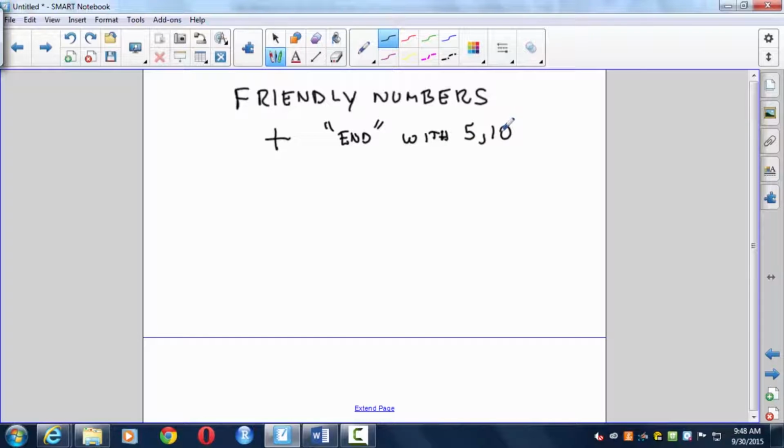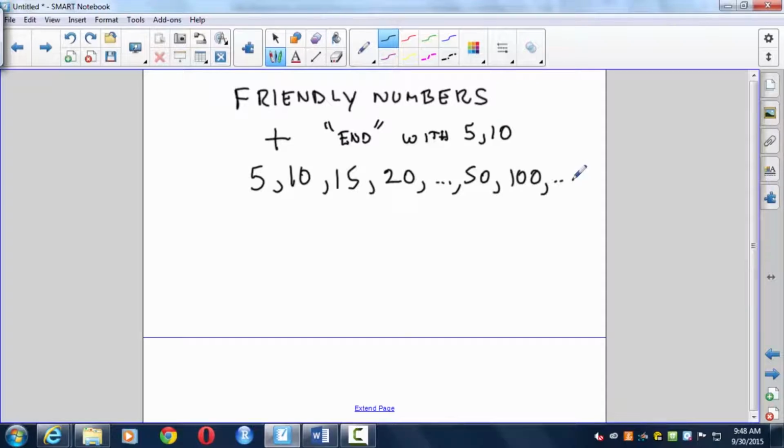Okay? So numbers like 5, 10, 15, 20, 50, 100, and so on, those are friendly numbers. Kids like to work with friendly numbers because they are taught in kindergarten, first grade, that those are good numbers to work with, and not only that, they see that those are good numbers to work with.